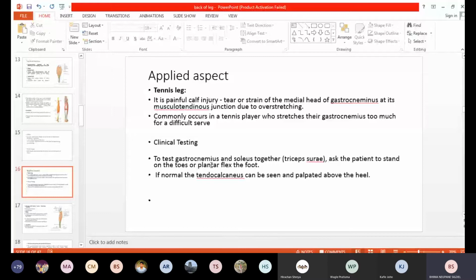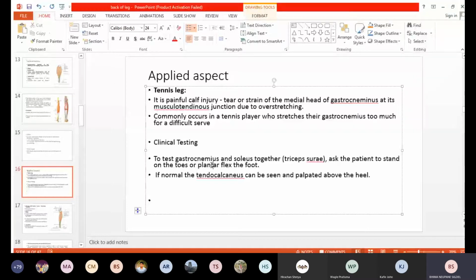While doing plantar flexion of the foot, you can feel the tendon in the leg. The tendocalcaneus can be seen and palpated just above the heel. It is very thick, so you can easily feel the tendon of the gastrocnemius and the soleus together. That is known as the Achilles tendon or the tendocalcaneus.